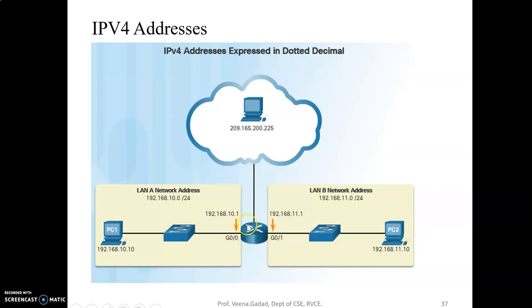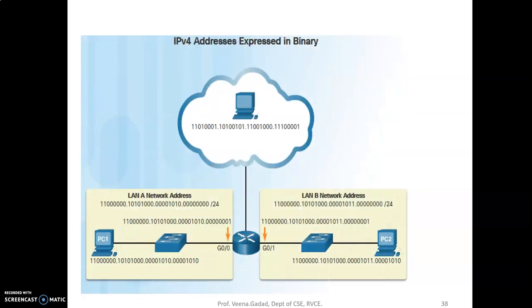How many interfaces does it have? It has 3 interfaces: G0/1, G0/0, and one more, the third interface. We do not assign any IP addresses to the switches because they simply broadcast the frames that come to them. The same thing I have just represented in terms of binary.